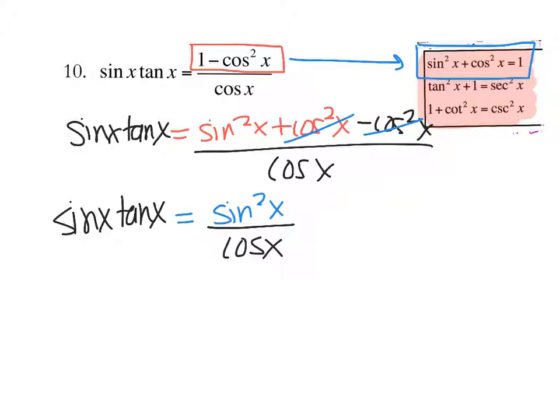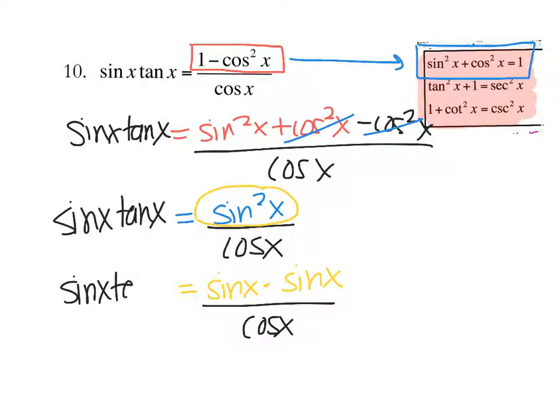So this is where I suggest taking this and we can break it apart, just like I had done on the first problem, is when it's squared, that's really just 2 of them. So if I make it sine x times sine x over cosine x, we're getting closer because now we have one of the sin x's here.